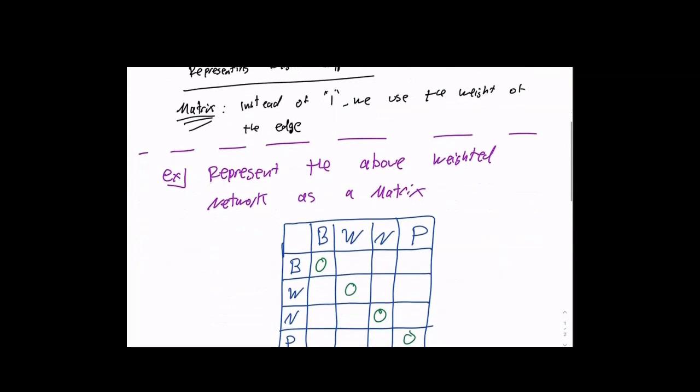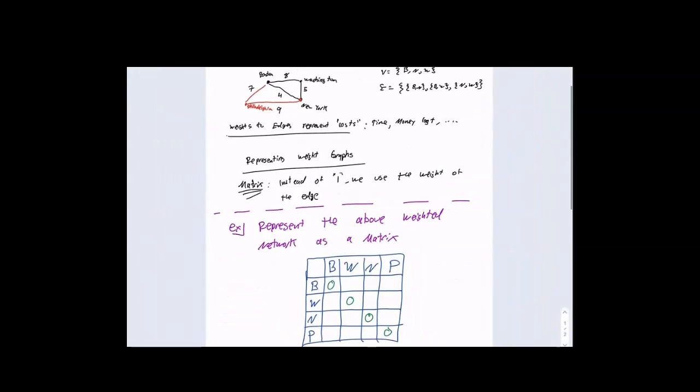Instead of a 1, use the weight of the edge. So you put the weight. There we go. And the next one over? Boston to Boston is 0. Boston to New York? 4. And Boston to Philadelphia? 7. Good.